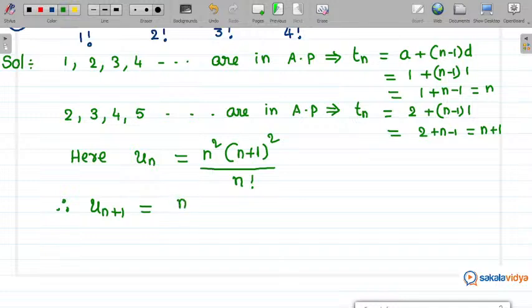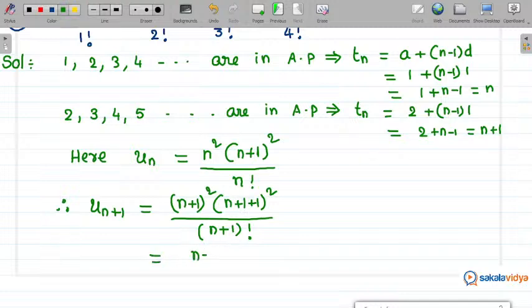What do we get? n plus 1 whole square, n plus 1 whole square divided by n plus 1 factorial. Further it can be simplified: n plus 1 whole square, n plus 1, n plus 2 whole square by n plus 1 factorial.